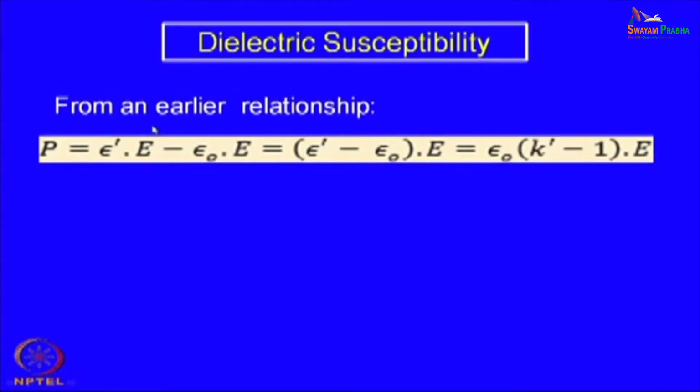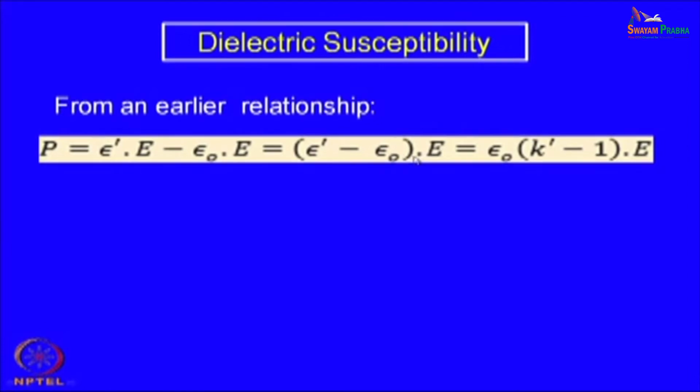This is the total effect, epsilon prime into E, from which we subtract the contribution of the so-called vacuum. If you subtract the vacuum quantity from the overall polarization, that is actually the polarization of the solid.